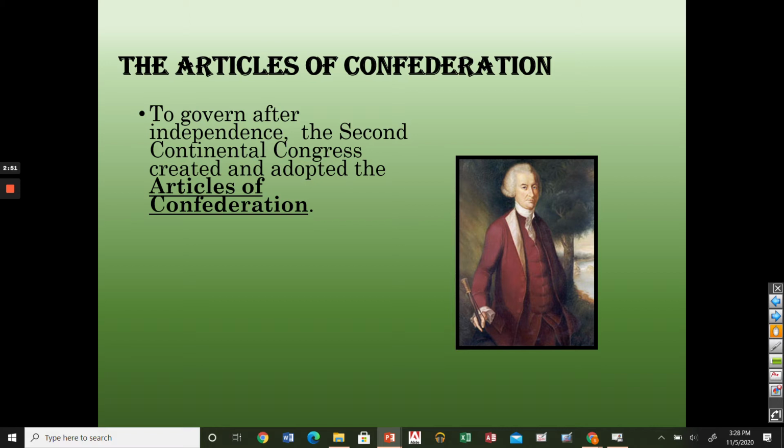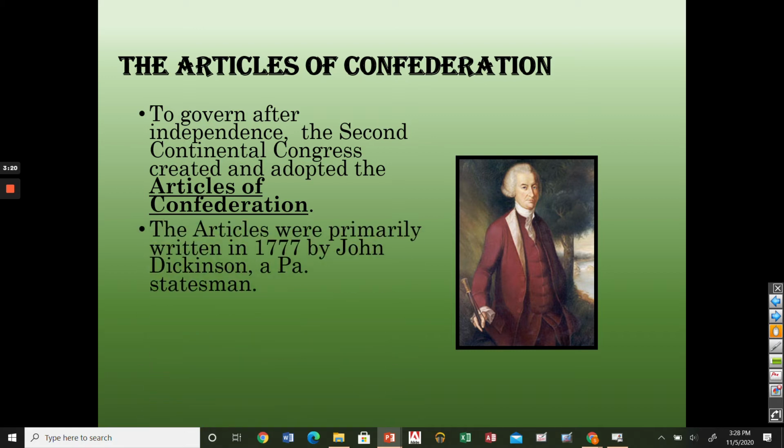All right, and remember, I've been telling you this since the very first of the year. That's how the 13 colonies viewed themselves, as very separate, distinct nations, separate and distinct from each other. All part of the British Empire originally, but separate and distinct sovereign entities that didn't have to listen to what the other states said. So they're going to create this confederation. It's more of an alliance than necessarily a nation. That's where the Articles of Confederation gets its name.